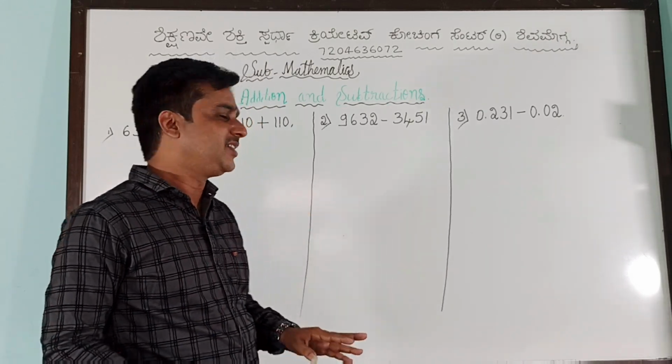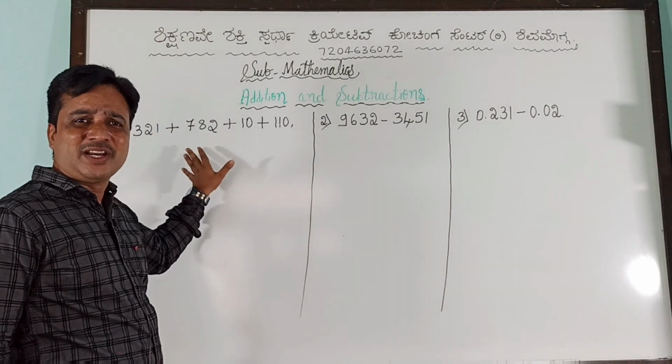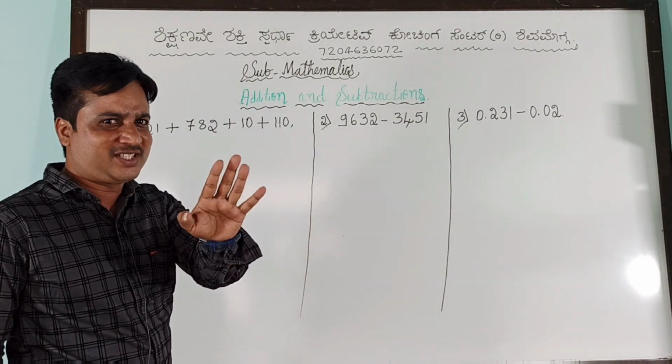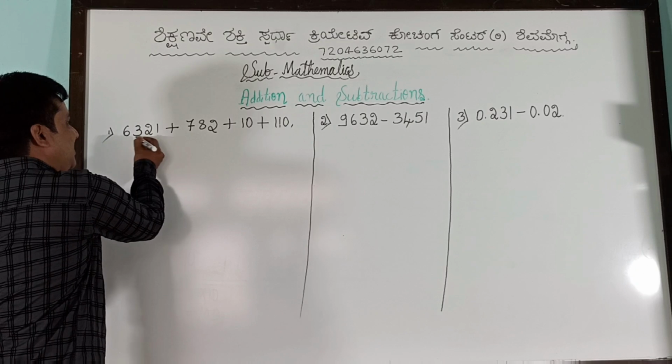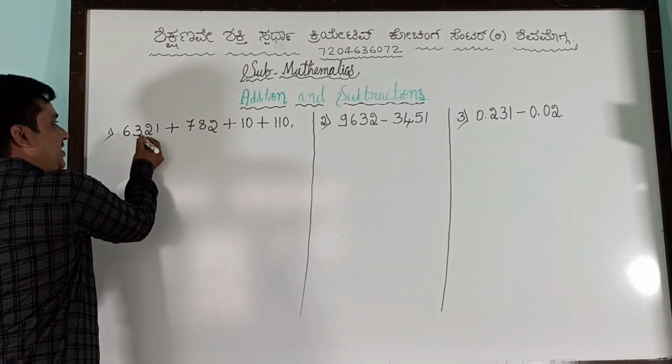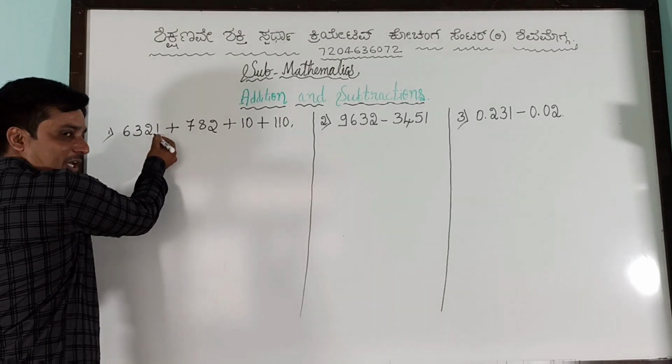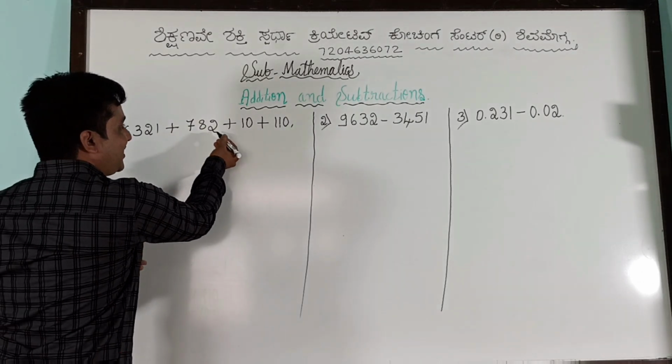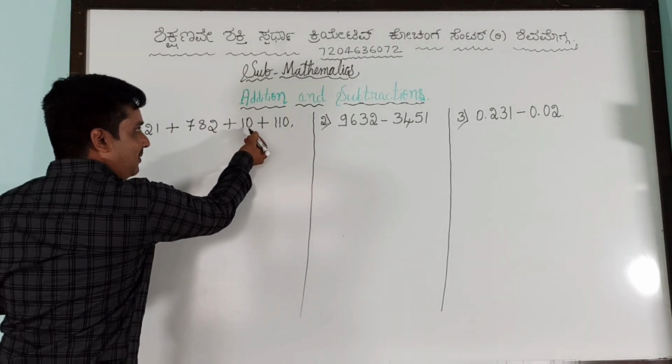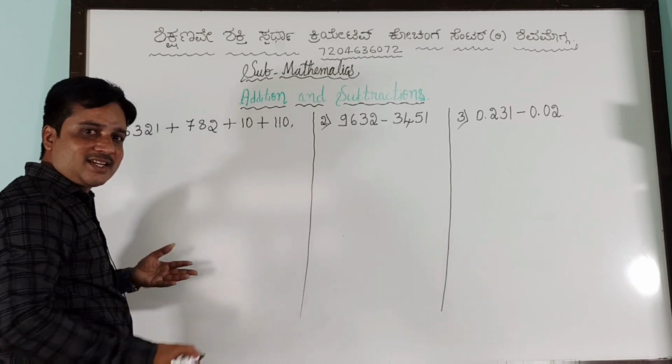That is very important. Let's write the given numbers according to their place. Here see, the first question: 6321 plus 782 plus 10 plus 110, right?